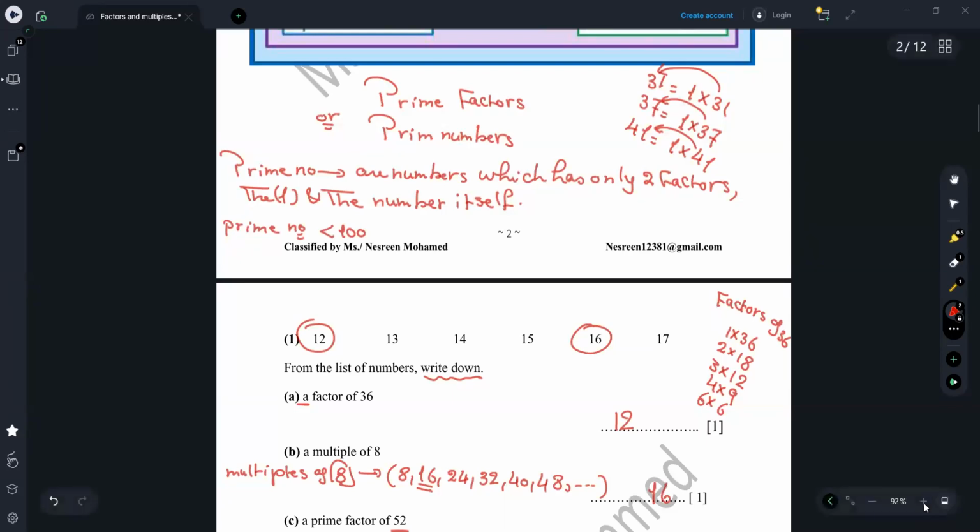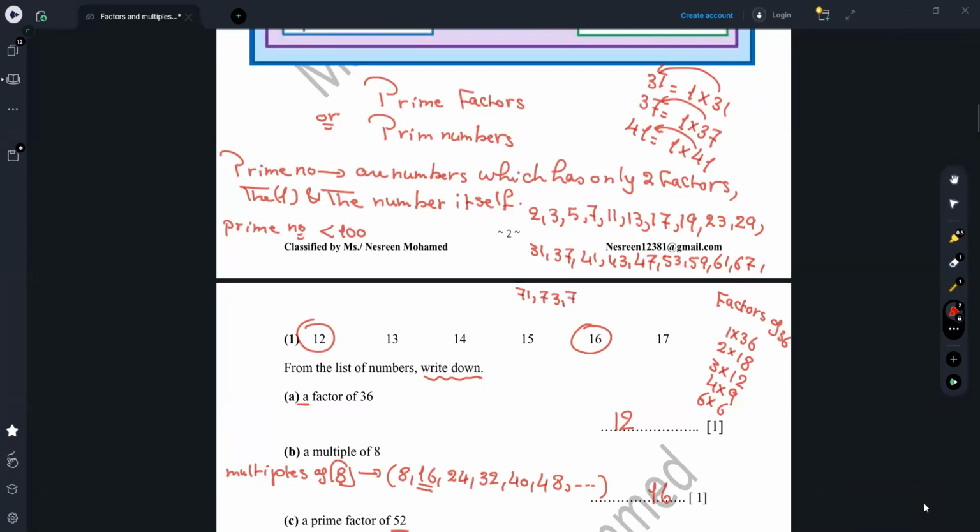They are here 2, 3, 5, 7, 11, 13, 17, 19, 23, 29, 31, 37, 41, 43, 47, 53, 59, 61, 67, and then 71, 73, 79, 83, 89, 97. These are prime numbers smaller than 100.